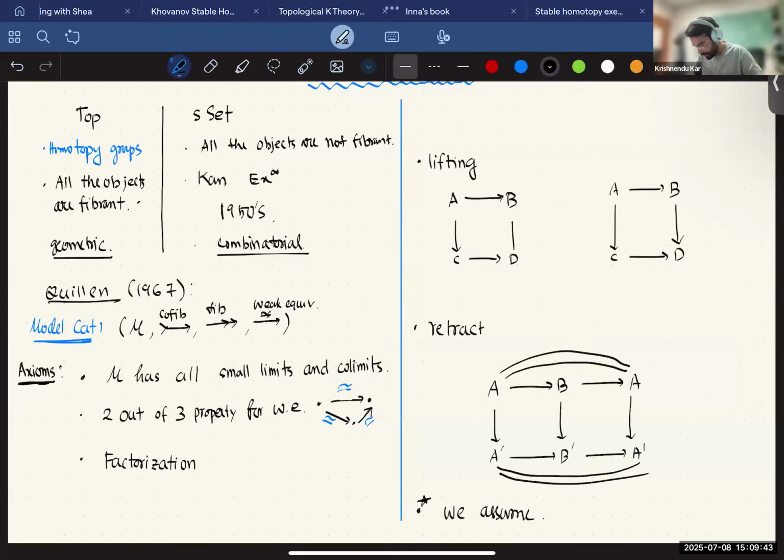The third axiom is your factorization axiom. For that, let me motivate you first. So for topological spaces, what do we see? If I have a map between topological spaces in Top, I can always factor this map through its mapping cylinder, right?